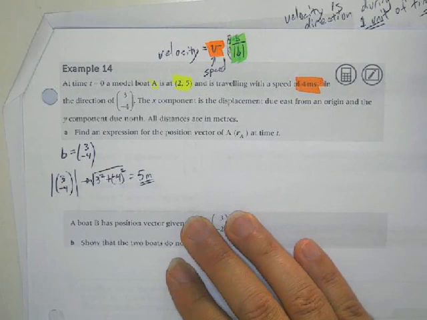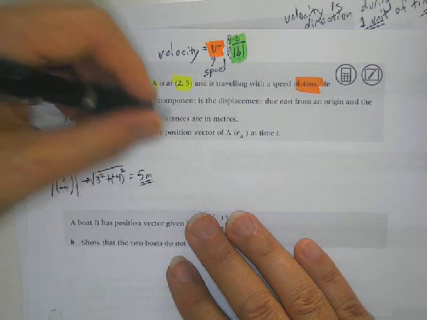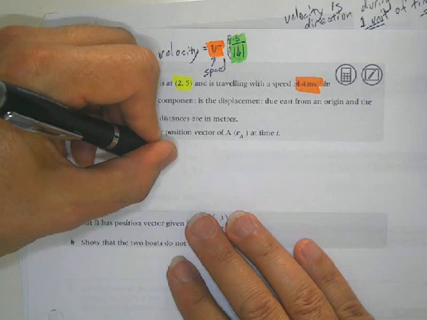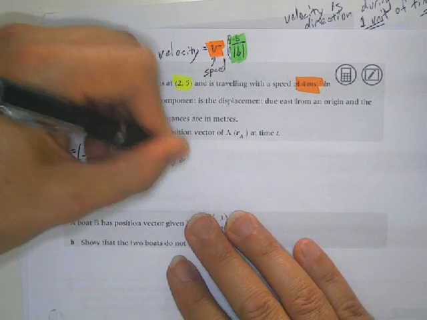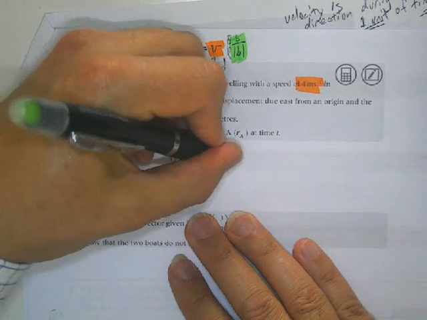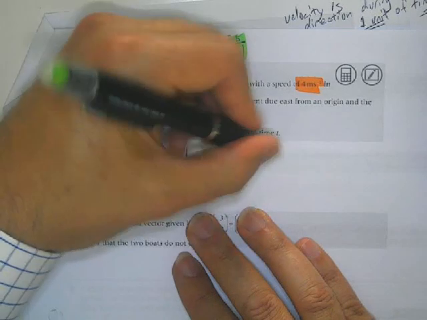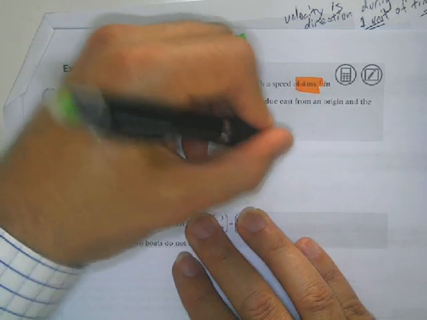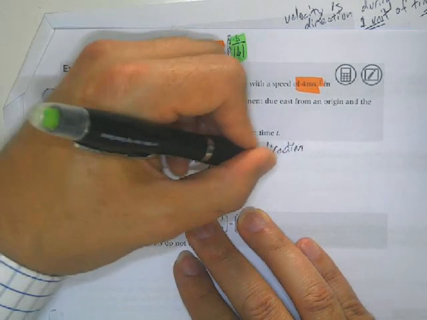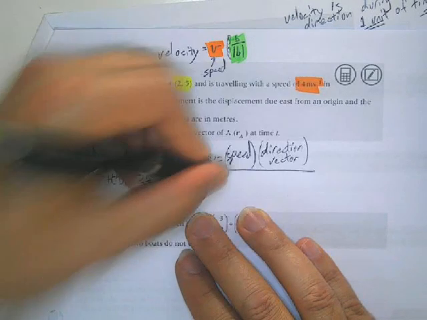So my velocity is equal to speed times the direction vector divided by the magnitude.